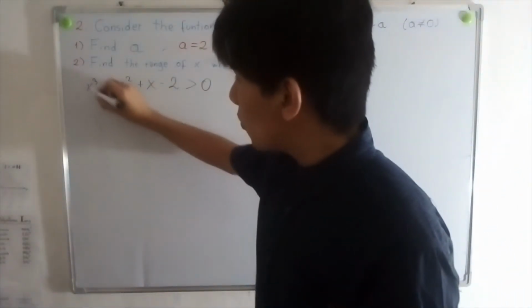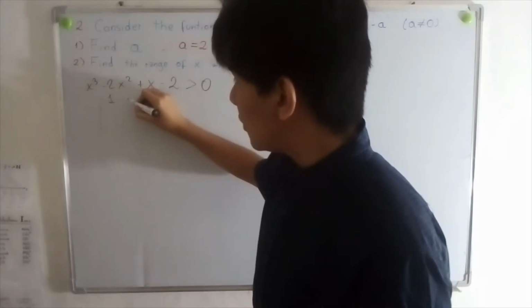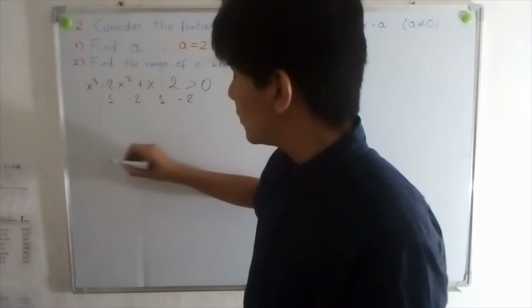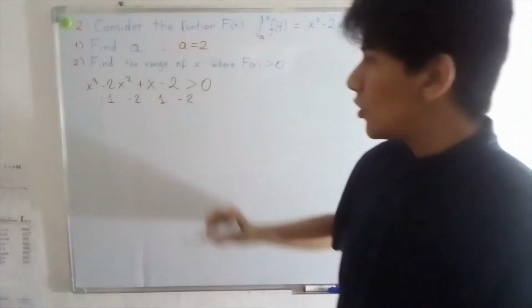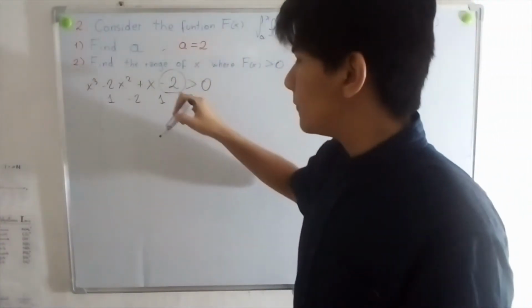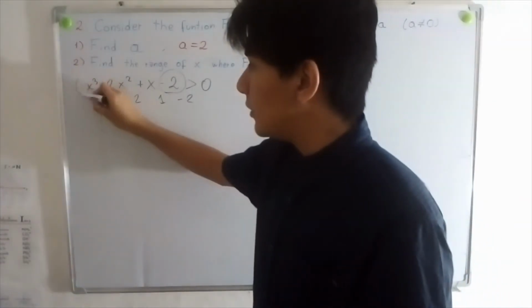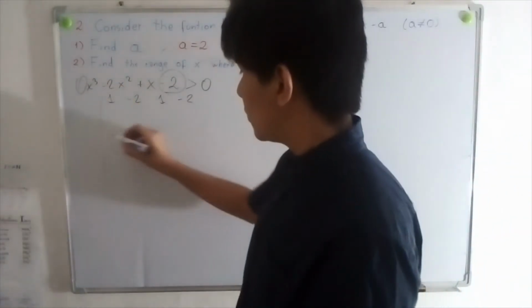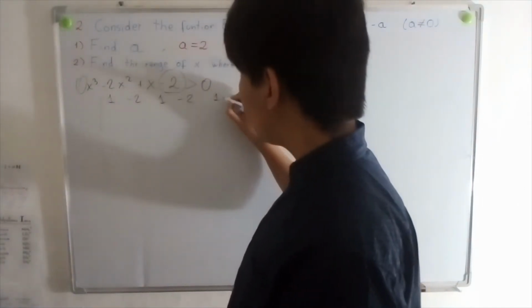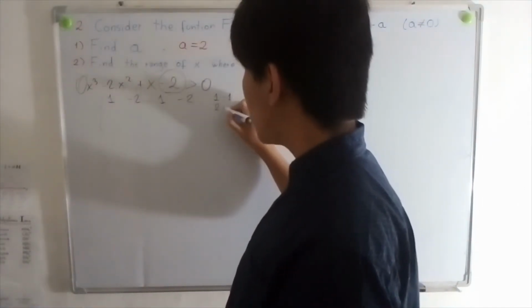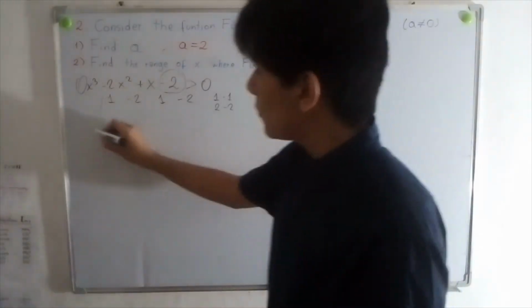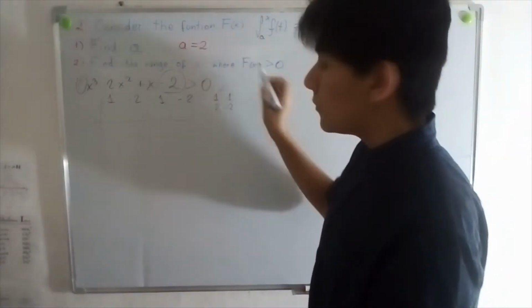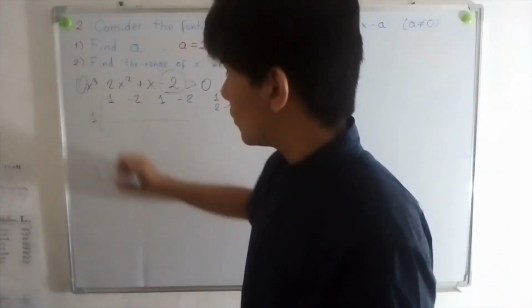So 1, minus 2, 1, minus 2. Okay. And the divisors of the constant term are 1, minus 1, 2, and minus 2. We're going to use the first one, okay, 1.